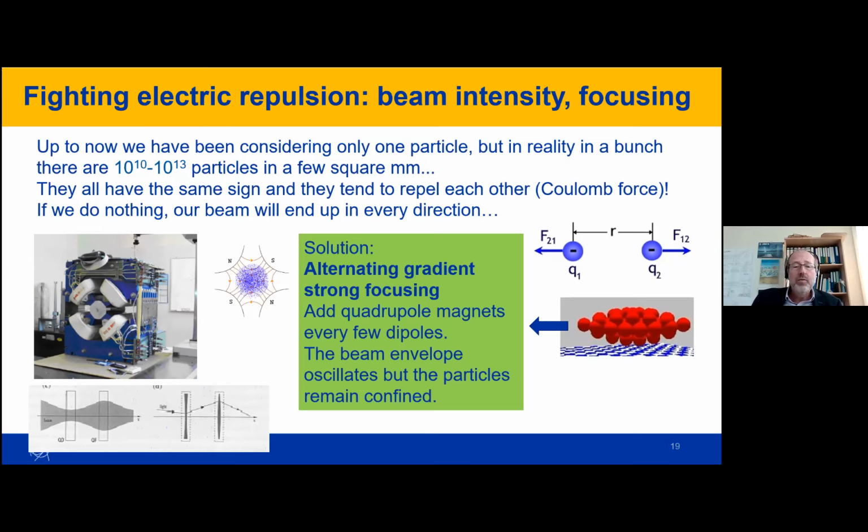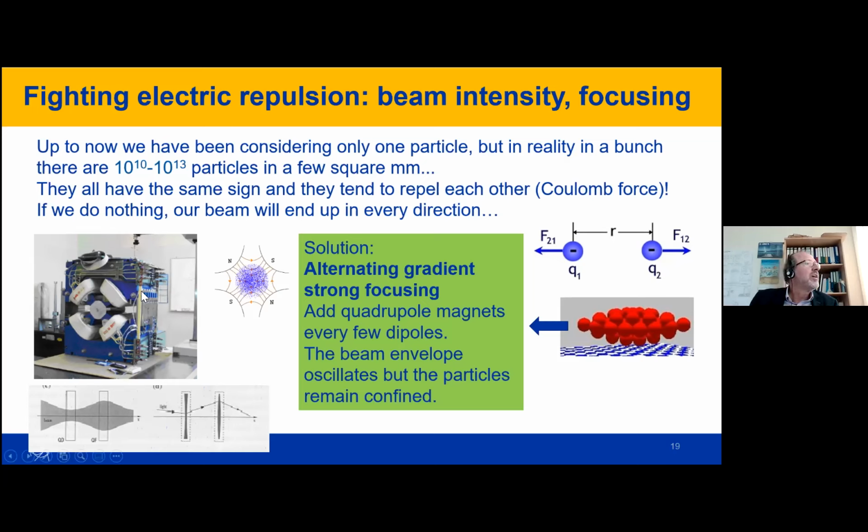You have to apply some focusing. Another important feature of accelerators is that they always must have an accelerating system and a focusing system. Focusing is done using magnets, because we have seen that magnetic forces can bend your beam, and what you do, you let your beam go through a number of quadrupoles.